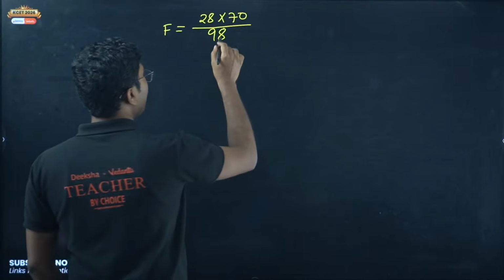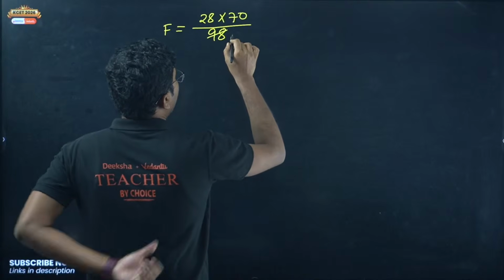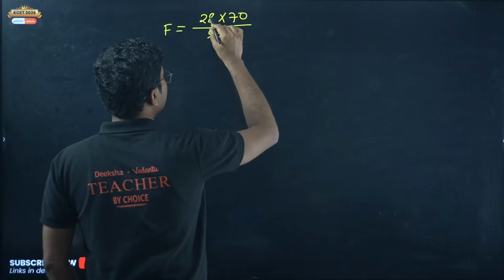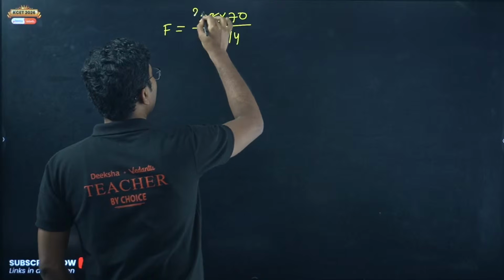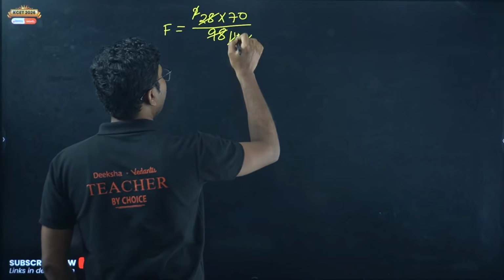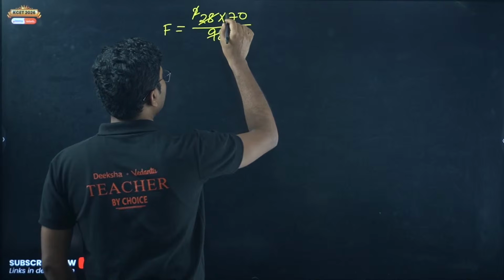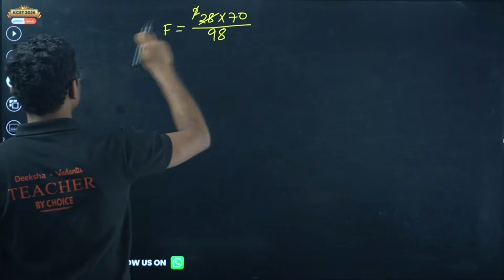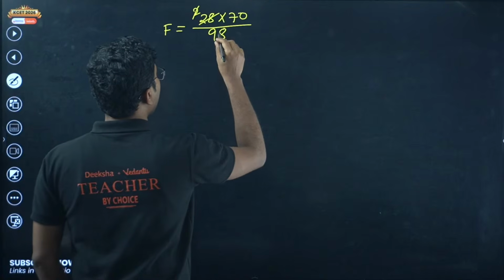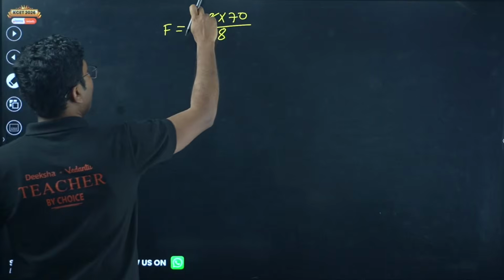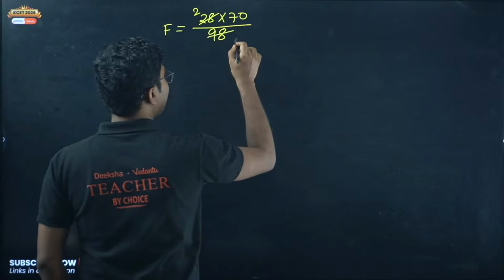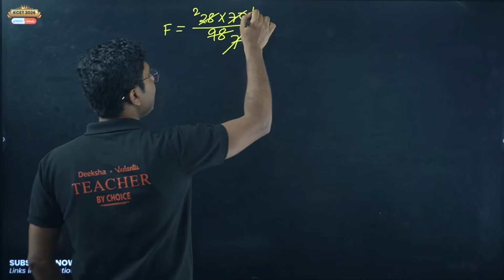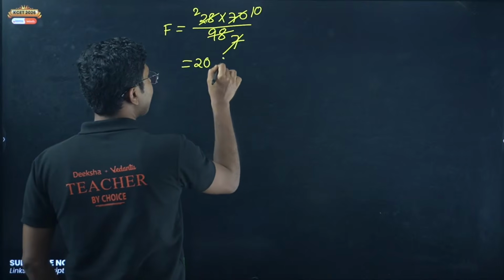So you get 14 into 7, 14 sevens are 98, 2 14s are 28, 7 10s are 70, so it will be 20. So the focal length is 20 centimeter.